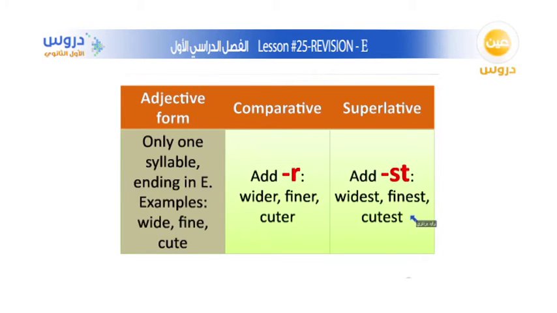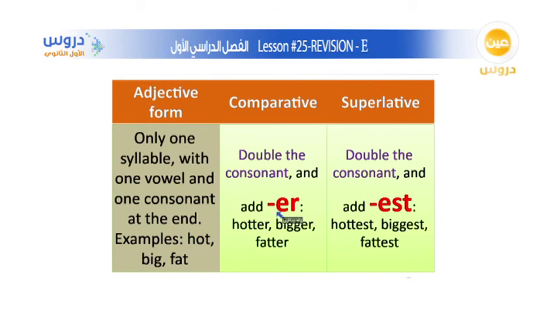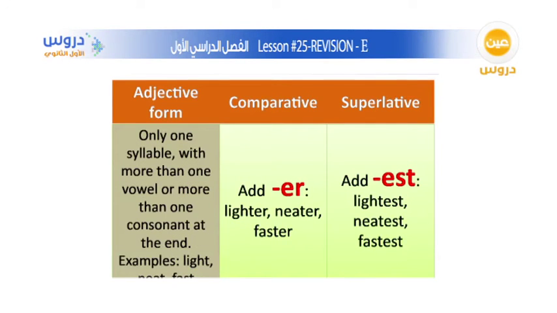Let's take a look now at this adjective form. We've got 2 syllables ending in Y. Examples: happy, silly, lonely. All right? Comparative form would take changing the Y into I, then adding ER. For example, happy, happier. Silly, sillier, changing the Y into I and then adding ER.